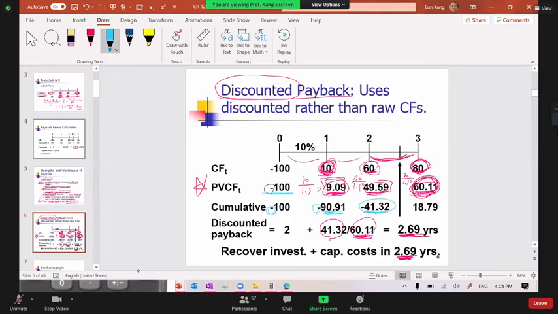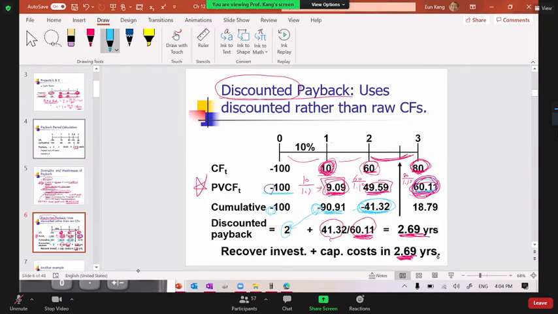But now you compare how much you have to recover with how much you generate next year. Now this one is bigger. So now you know that it won't take the whole year. So this negative means you will take the whole year. So the first year, second year, that's why it's 2, right?